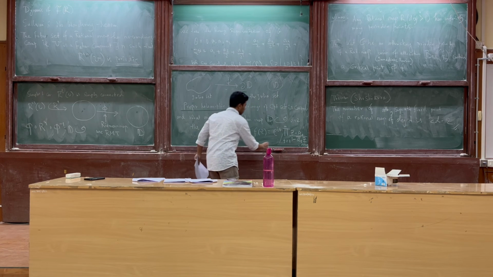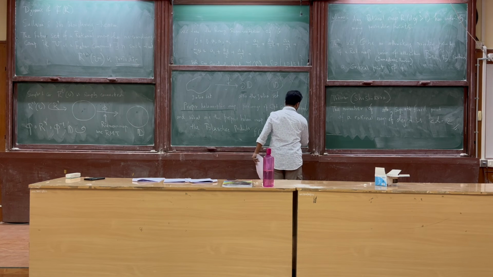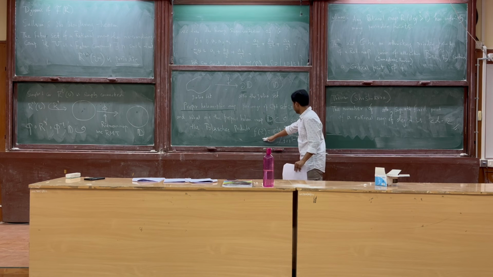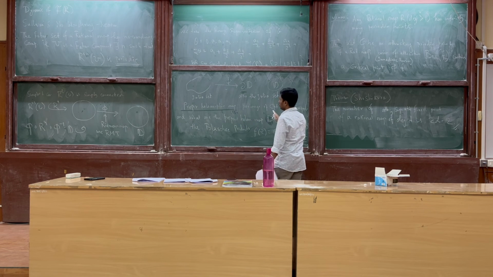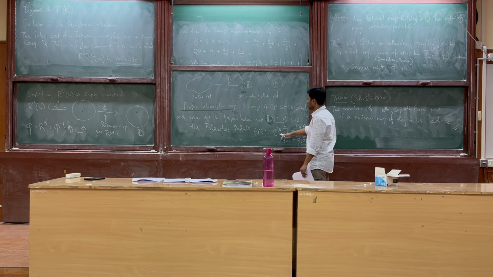So this is a proper holomorphic map from D to D, precisely the Blaschke product. So this is the rotation. You can check it.